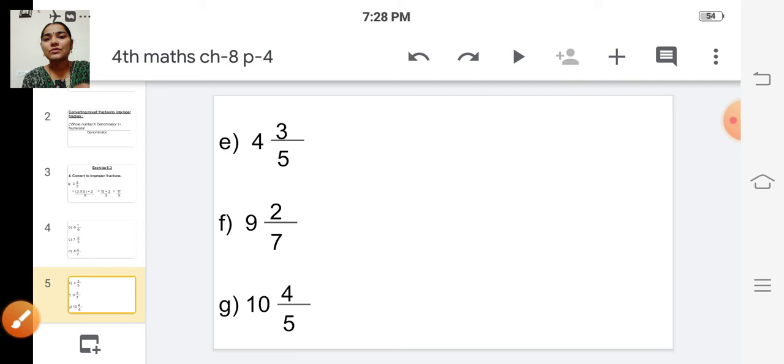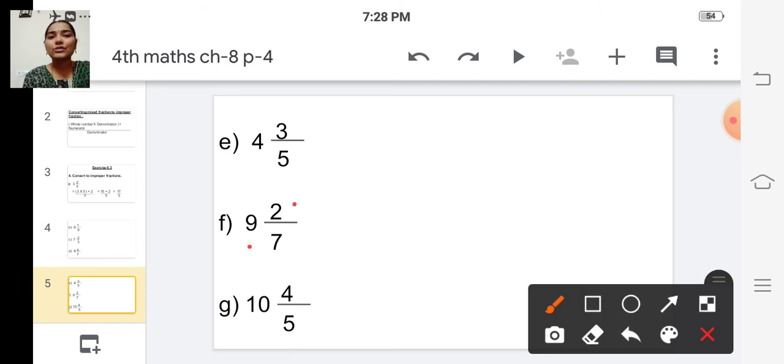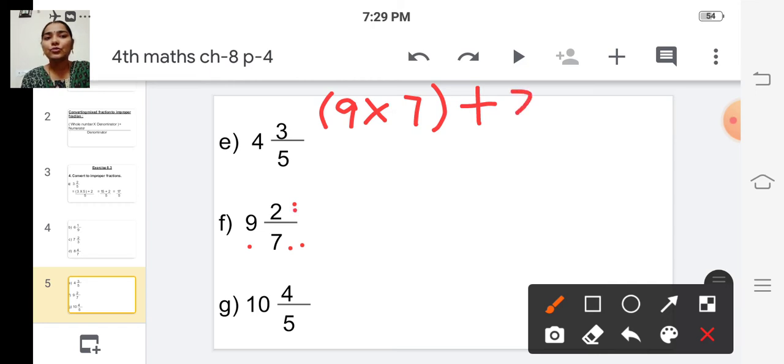Okay. So the next one, 9 2 by 7. So here whole number is 9. 9 into denominator. Denominator is 7 plus numerator. Numerator is 2 divided by denominator.